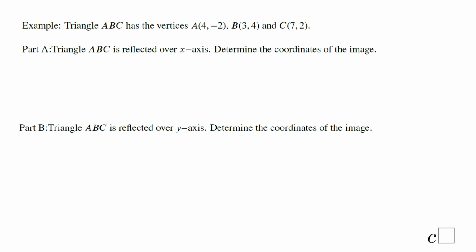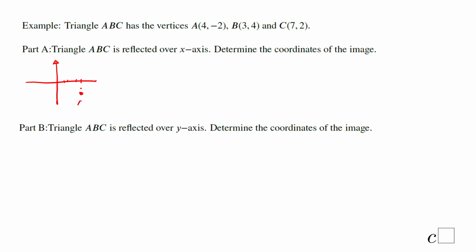Like in this case, right? Example. Triangle ABC has the vertices A (4, -2), B (3, 4), and C (7, 2). Triangle ABC is reflected over the x-axis. Let's say you do not remember the rule that I just mentioned. Take a point like A: 1, 2, 3, 4, 1, 2.